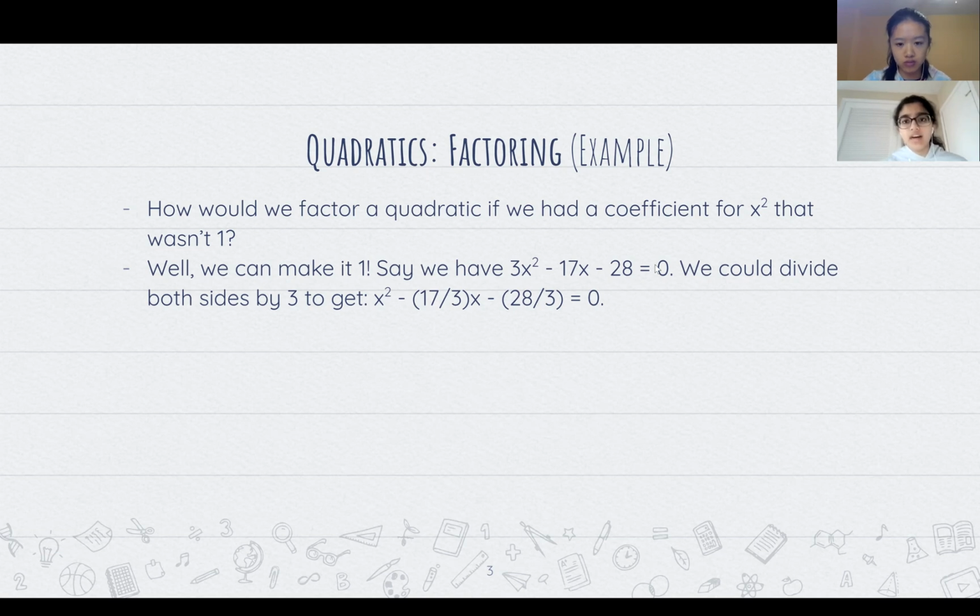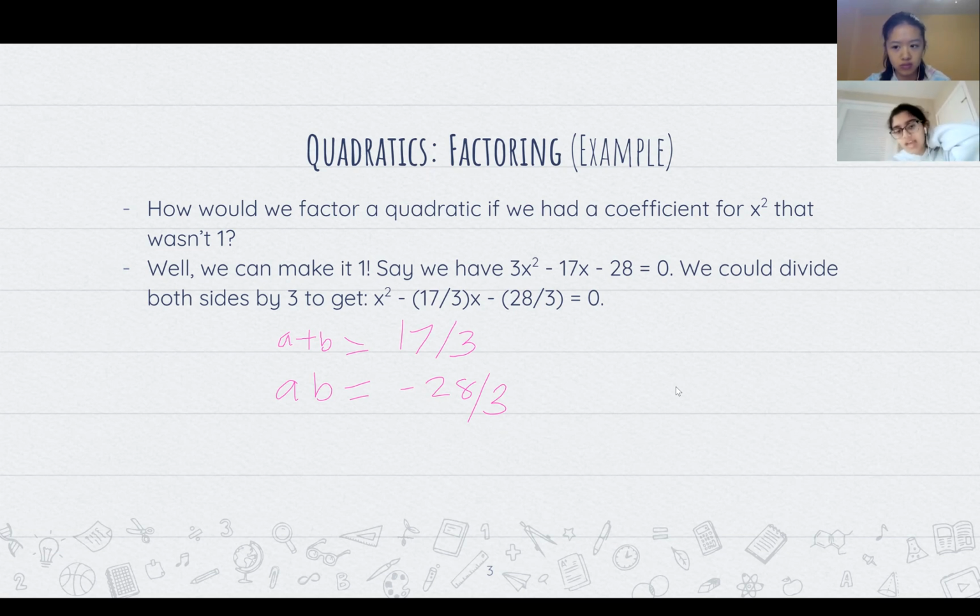Actually, I can annotate this. So the sum of the factors, a plus b, is equal to 17 over 3, and a times b is equal to negative 28 thirds. So we have to find what two values multiply to negative 28 thirds and add to 17 thirds.